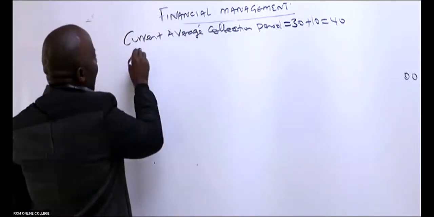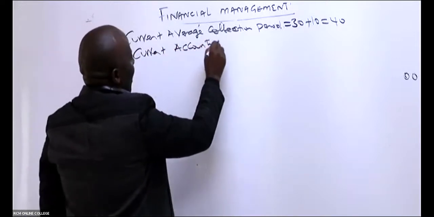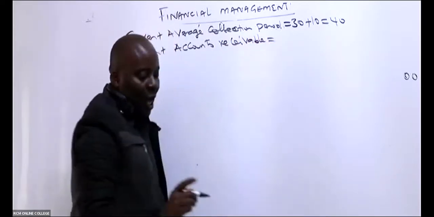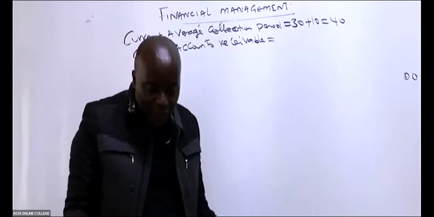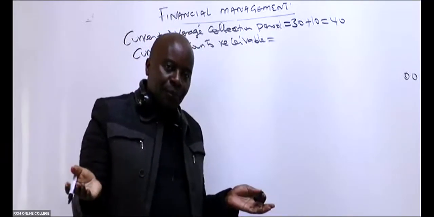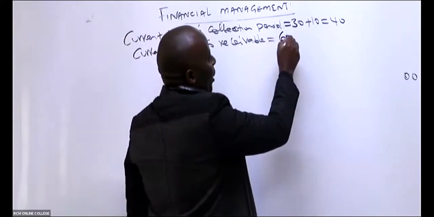Give me the current debtors, or the current accounts receivable. How do we get this? It's very easy. We know our total credit sales. They have told us our total credit sales will be 6 million.